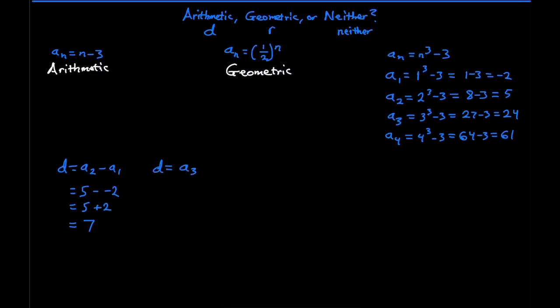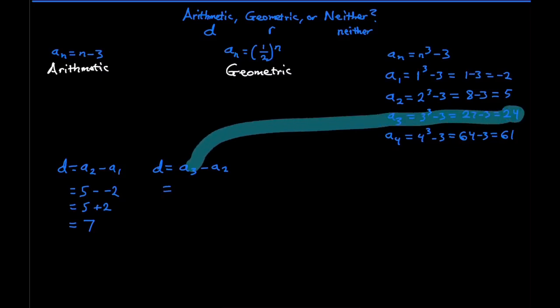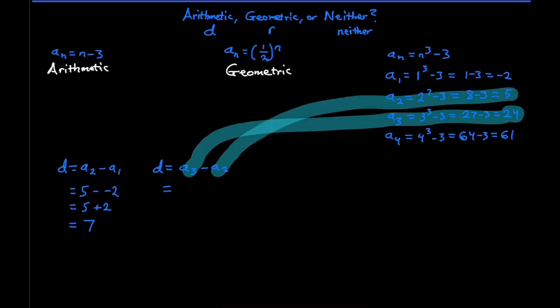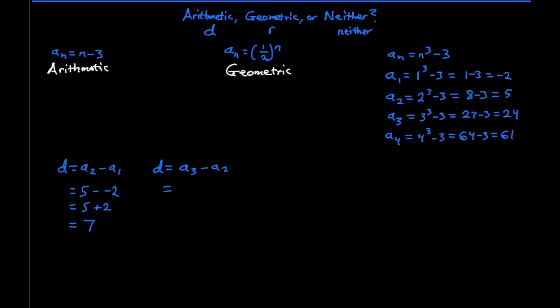You take A3 and you subtract A2 from it. We see that A3 is the 24 that we found. A2 is the 5. Substitute these in. This is 24 minus 5. Here, this is 19. These are not the same. They have to be the exact same for there to be a common difference. As soon as you see that these aren't the same, we know it's not arithmetic. At this point, you go on to check if it's geometric.